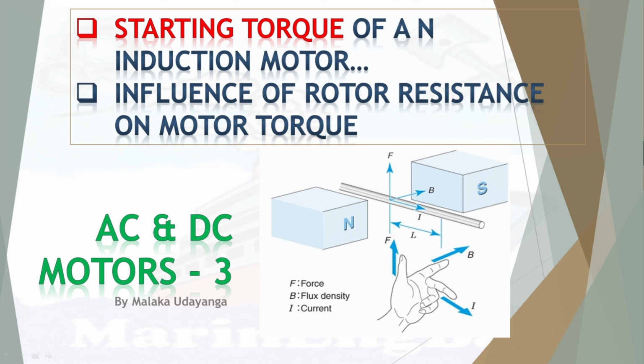And how we can compromise this torque requirement, starting torque as well as running torque, with the use of dual cage induction motors and with the use of wound rotor motors. So let's begin.